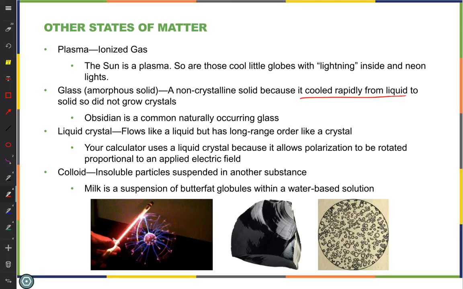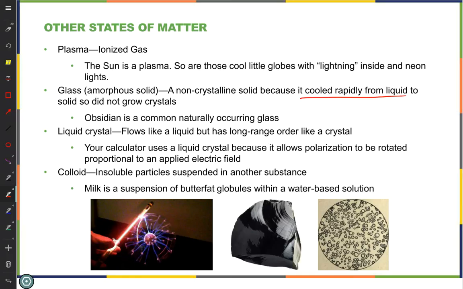Liquid crystals, I just included those because lots of us have things like a liquid crystal display in a calculator or on a cell phone. And the reason we have those is because the liquid crystals they use, it's a liquid, it flows, but it has a long-range order.